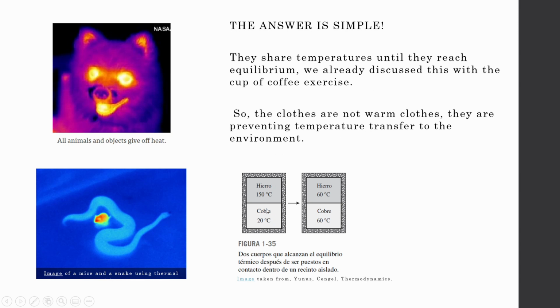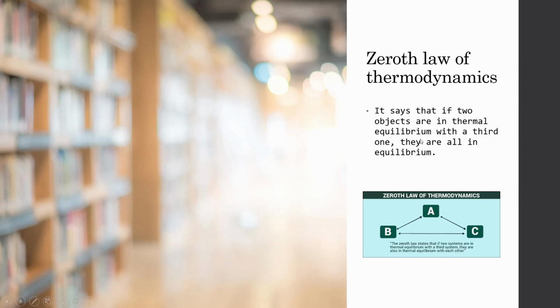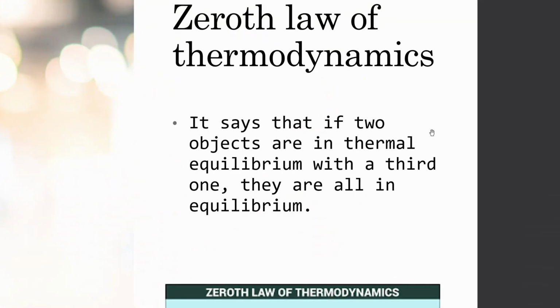And here's an example of a thermal equilibrium where iron and copper share temperatures and they reach the same temperature at the end. So what is the zeroth law of thermodynamics? I will zoom in on this one, and it says that if two objects are in thermal equilibrium with a third one, they are all in equilibrium.